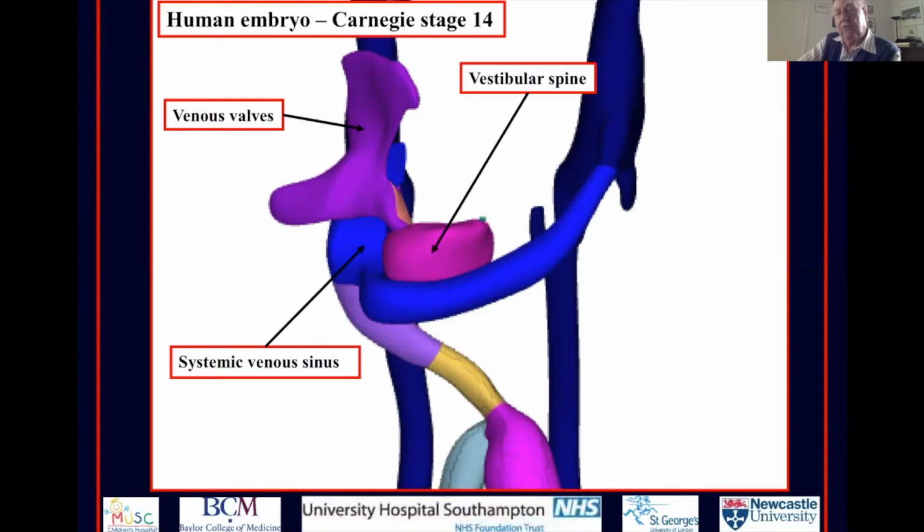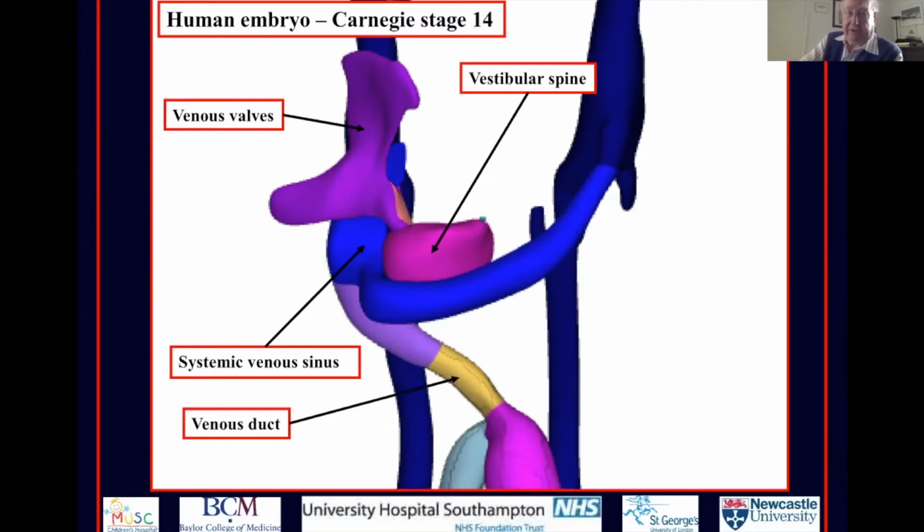Because now, growing through the right side of that dorsal mesocardium, we have further ingrowth of tissues that separate the right from the left atrial chambers. And this is the vestibular spine, the spina vestibuli, first described, in fact, in the middle of the 19th century. And it is the growth of the vestibular spine that commits the pulmonary vein to the developing left atrium.